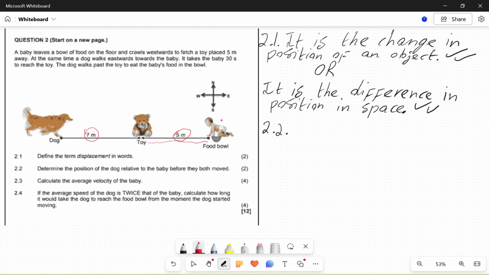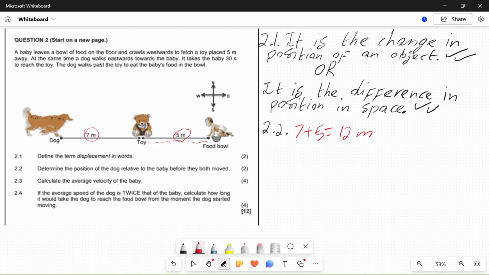We can see that the dog is on the left hand side of the baby. So when we add 7 plus 5, that is equal to 12 meters, and this tells us the position.